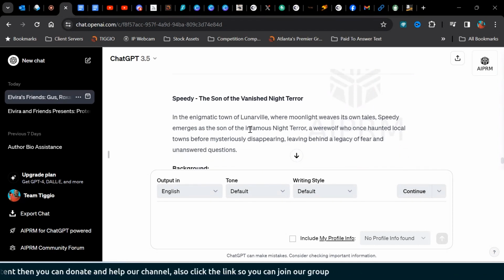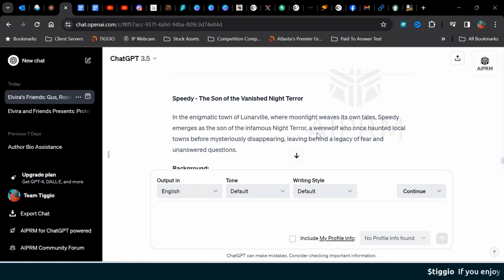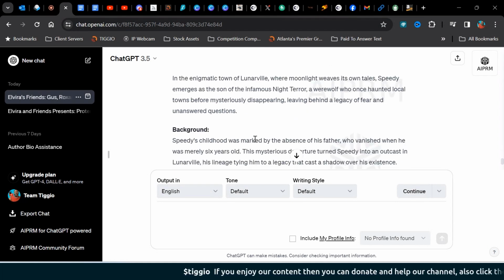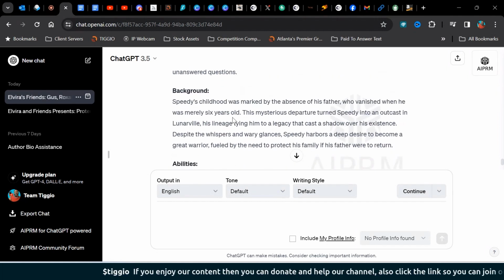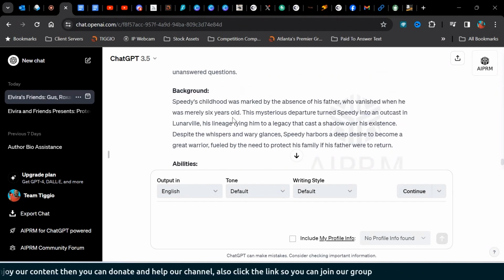In the enigmatic town of Lunaville, where moonlight weaves its own tale, Speedy emerges as the son of the infamous Night Terror, a werewolf who once hunted local towns before mysteriously disappearing, leaving behind a legacy of fear and unanswered questions. Speedy's childhood was marked by the absence of his father, who vanished when he was merely 6 years old.